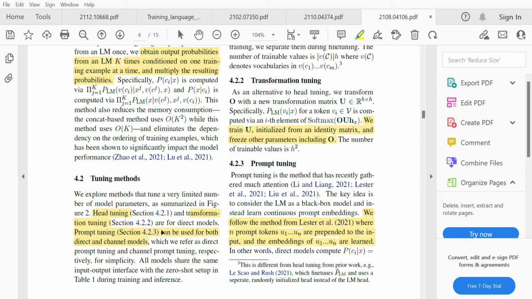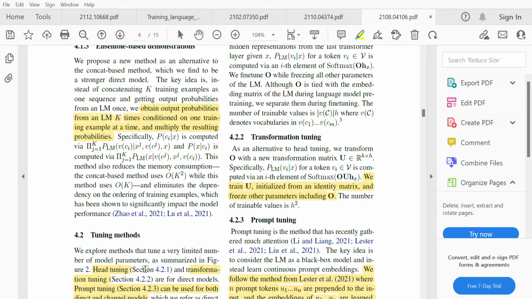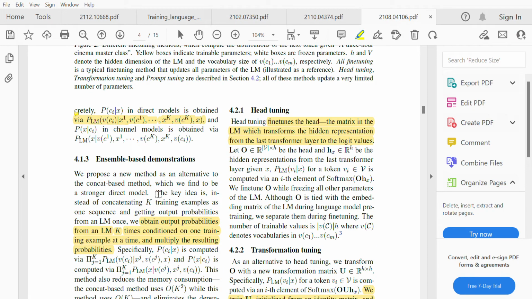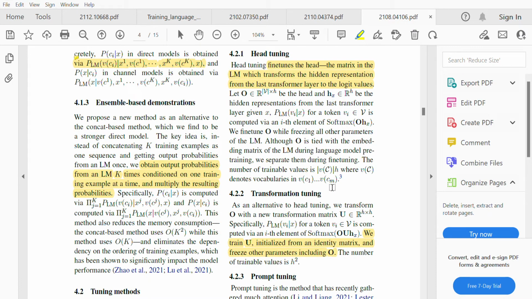The next question is, okay, what are we actually tuning? There are three answers here. There is head tuning, where they're taking the hidden representation from the last transformer layer to the logit values. Then transformation tuning, where they're training U, which comes from here, similarly within the actual model.